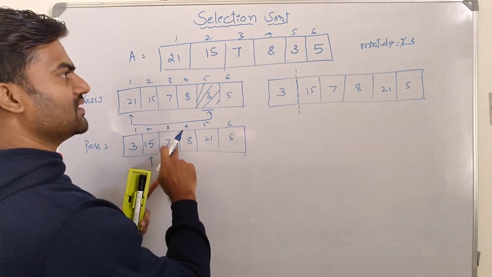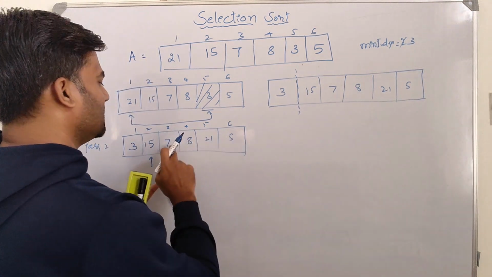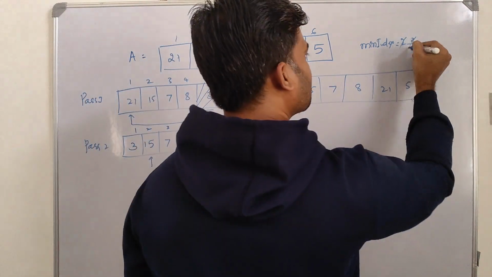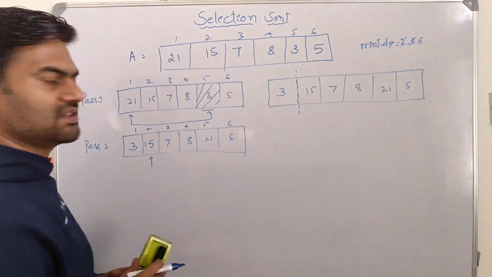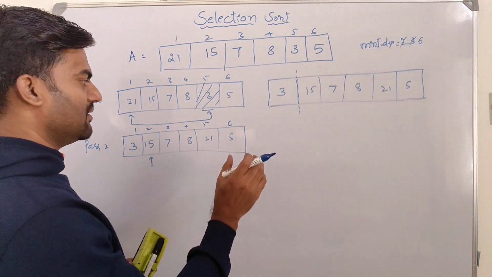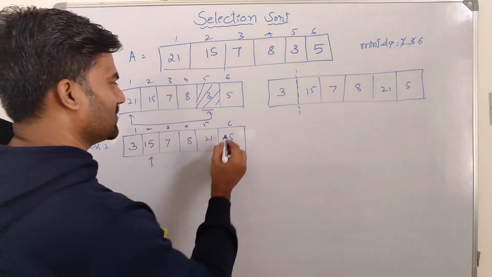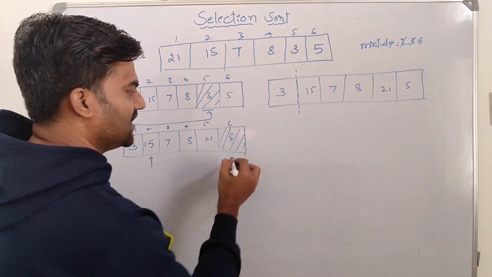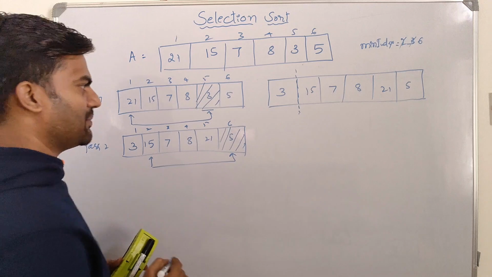Is 8 less than 7? No. Is 21 less than 7? No. Is 5 less than 7? Yes, so I'll update this index. So it is 6 now. So I got the index of the next minimum element, which is 5 here. So this is my next minimum element. I will simply swap it.